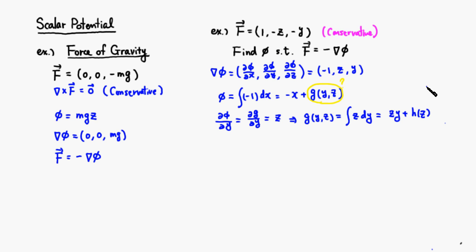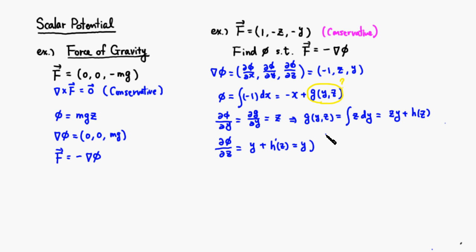Then we can use the last clue, the partial derivative of phi with respect to z. From here we get, from zy, y, then you have h prime of z. This is supposed to be equal to y here.